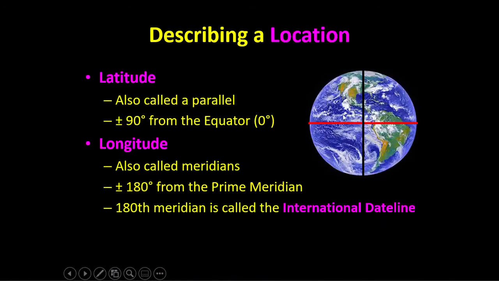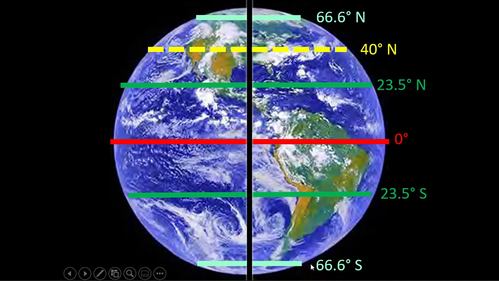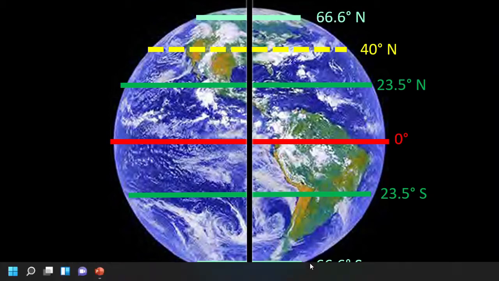So what I just did is lay down on top of our Earth parallel lines, which we call latitude lines, and they go from 0 to 90. Those are positive numbers, 0 to 90 positive, where here we have 0 to 90 represented as negative numbers. So beforehand, this would be negative 66.6, and this would be positive 66.6, as a way to differentiate between northern and southern.